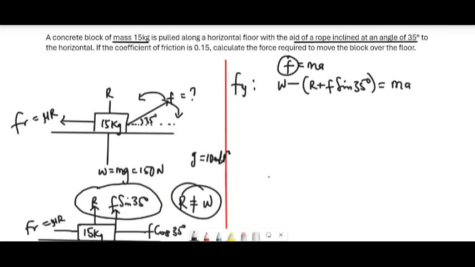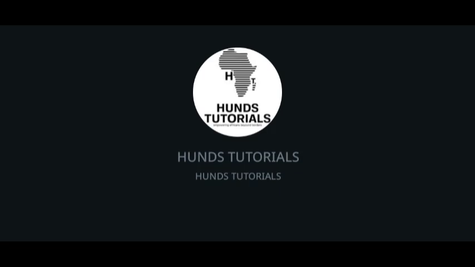Now, note that I said that R is not equal to W. Why? Because if R is equal to W, it means if W is 150 newtons, R should also be 150 newtons. But there are two components that are equal to W. Now, note that the body is not accelerating, hence acceleration is equal to 0. So we have W equals the whole of this, and the net force becomes 0, right? If that is the case, what am I going to have? I'm going to have W equals R plus F sine 35 degrees.